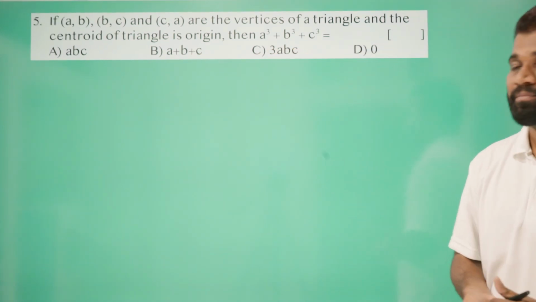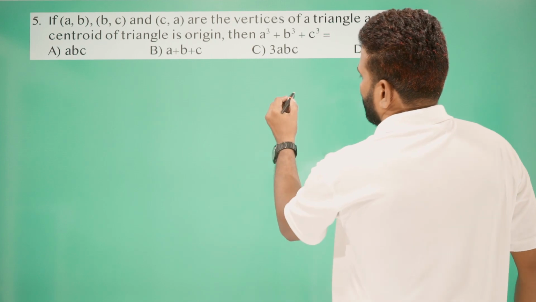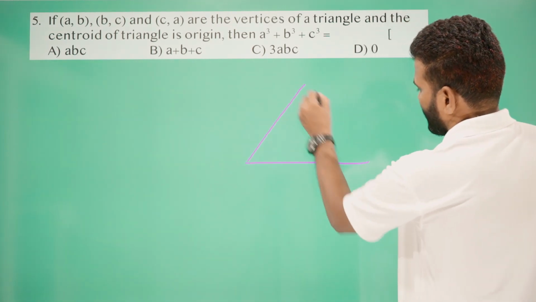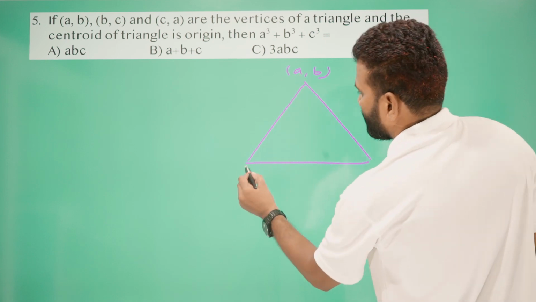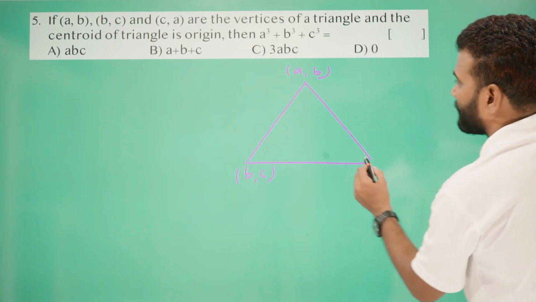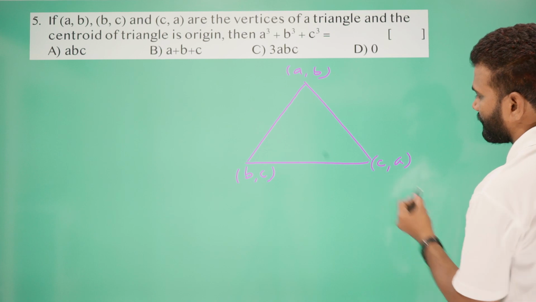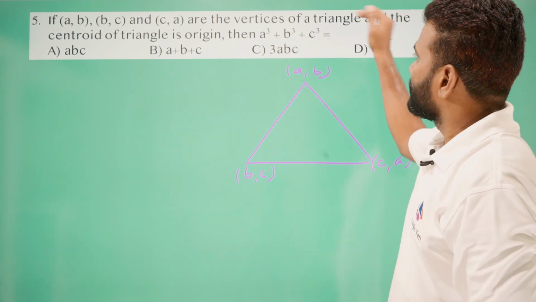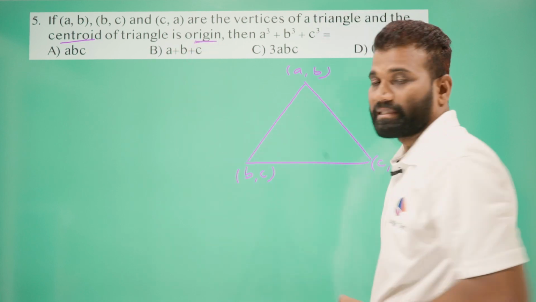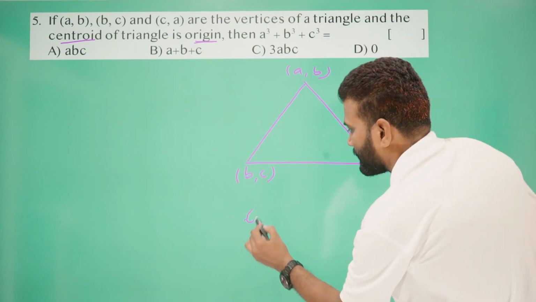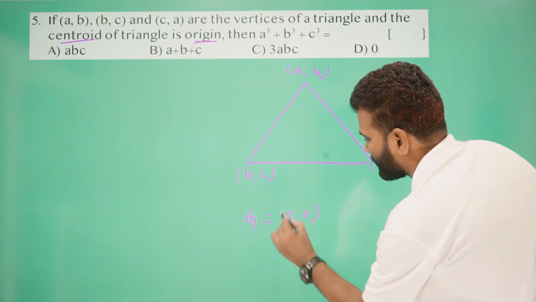Here it is given there is a triangle and the vertices are given, that is (a, b), (b, c), and (c, a), and it is given the centroid of this triangle is the origin, that is (0, 0).